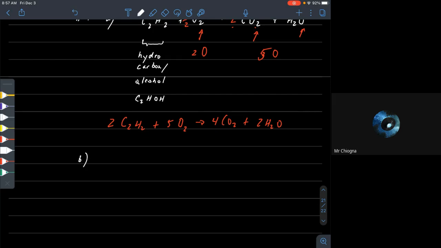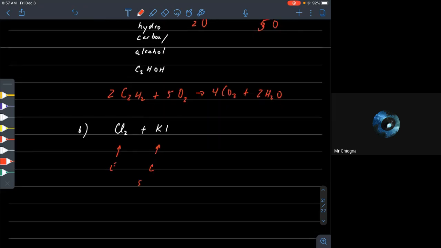Okay, next one, Cl2 plus KI. What do we have here? We have an element plus a compound. That's your clue. That's your pattern. It probably is single replacement. So it's single replacement.